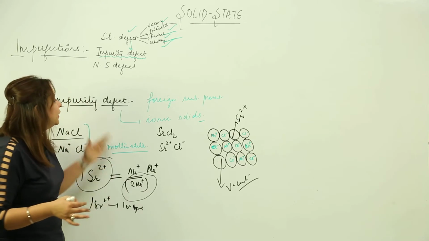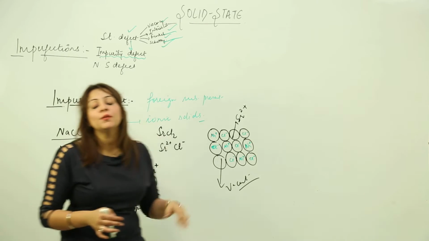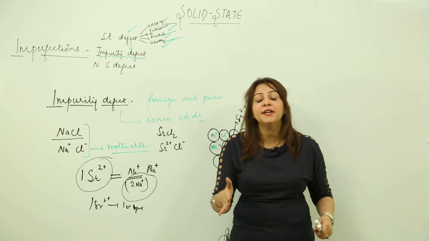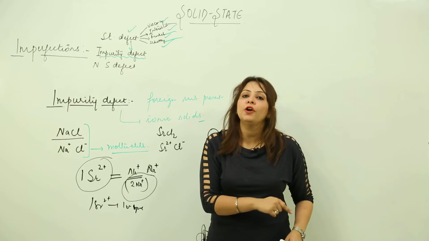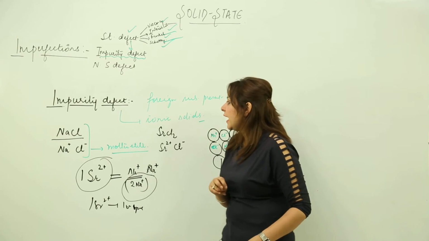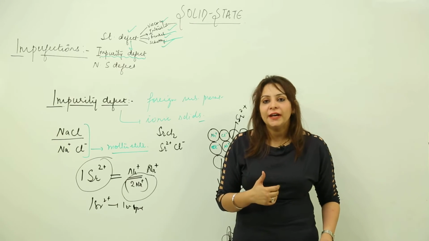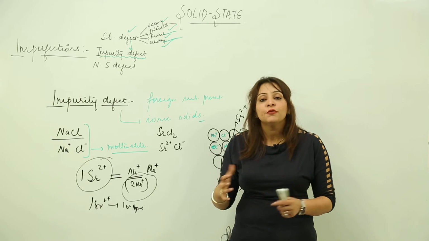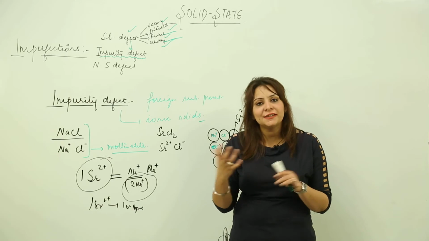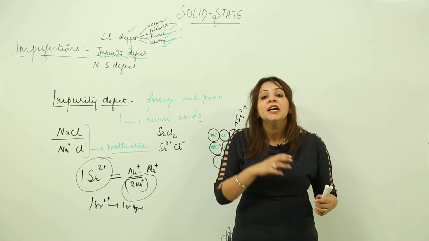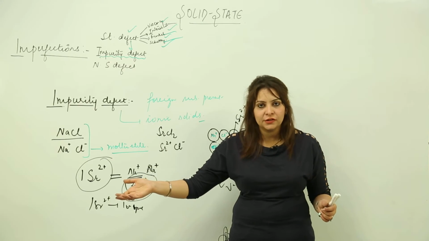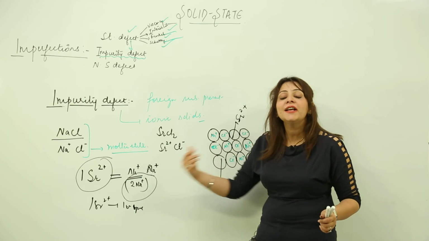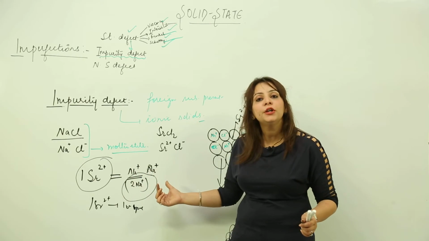So I think it's clear. Again, impurity defect is created when a foreign substance is present. The limitation is that there should be a foreign substance present. Second, it is observed in the case of ionic solids. First you equalize the charge, you see how many ions are equivalent to how many ions of the other crystal. Like I took NaCl, so one strontium 2 positive was equal to 2 Na positive.